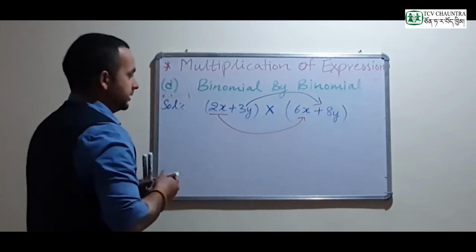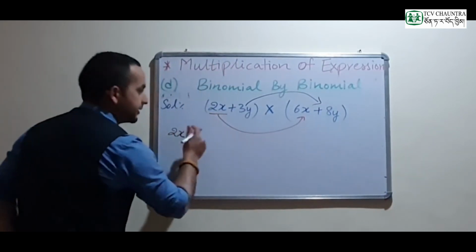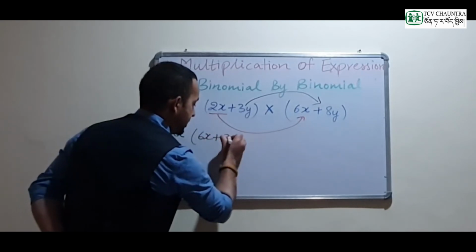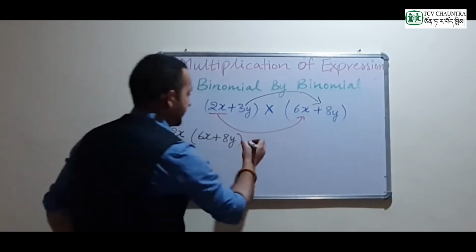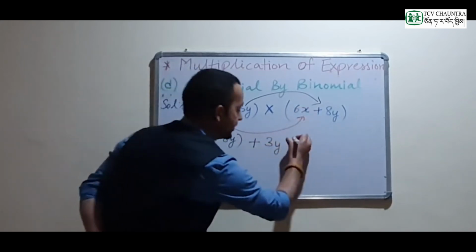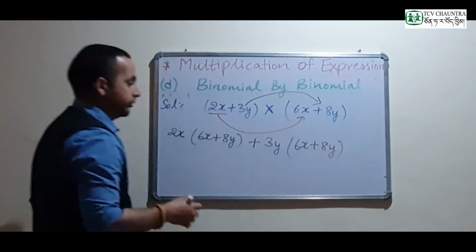So 2x times 6x plus 8y, and it plus 3y times 6x plus 8y.